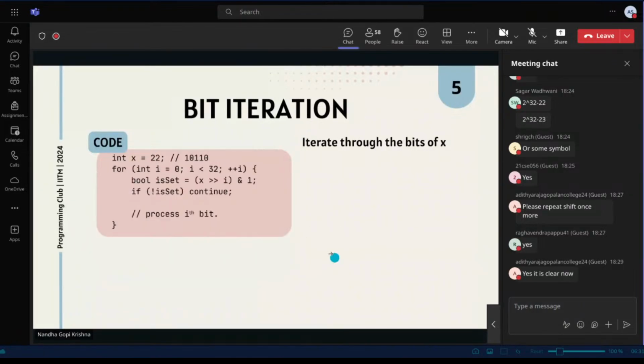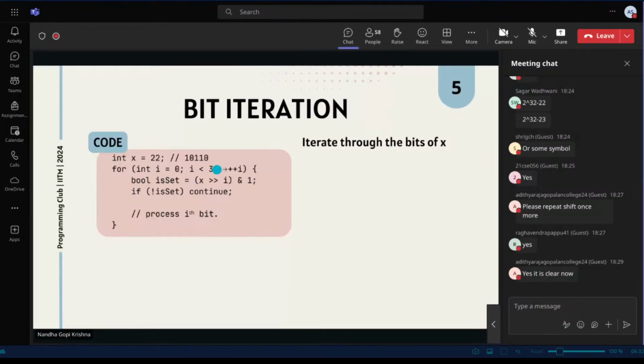So over here, if we move it 0 times to the right, it means it's the same number. We AND it with 1, meaning 1 is just a bunch of zeros and then 1 at the least significant bit. So if this result is equal to 1, that means that last bit was set. If it is equal to 0, that means that last bit was not set.